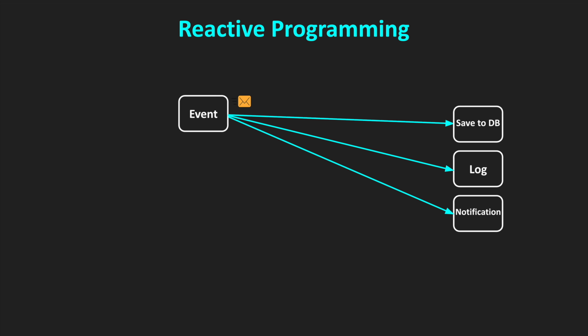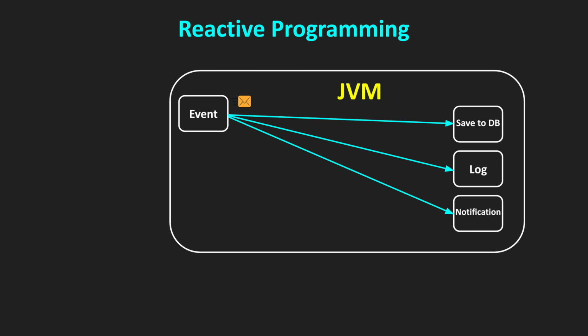But what if we want to do that as part of one JVM? Let's say we don't need to spin up a separate Kafka cluster or a separate Zookeeper. Within one JVM, as part of one program, we want to consume a message, save it to the database, log it, and send a notification, and we want to do that asynchronously.